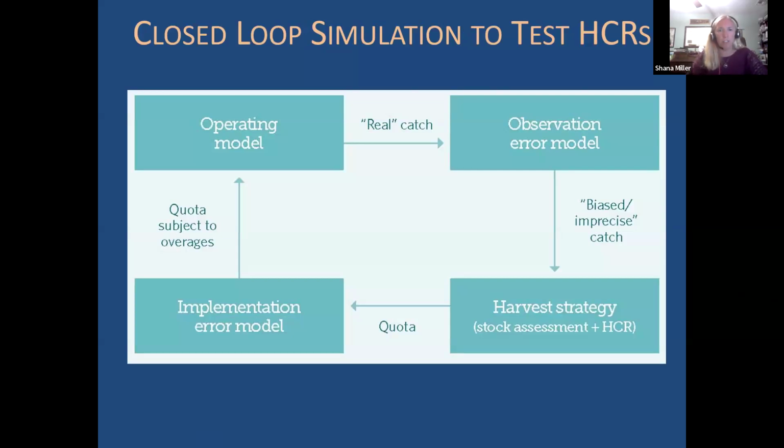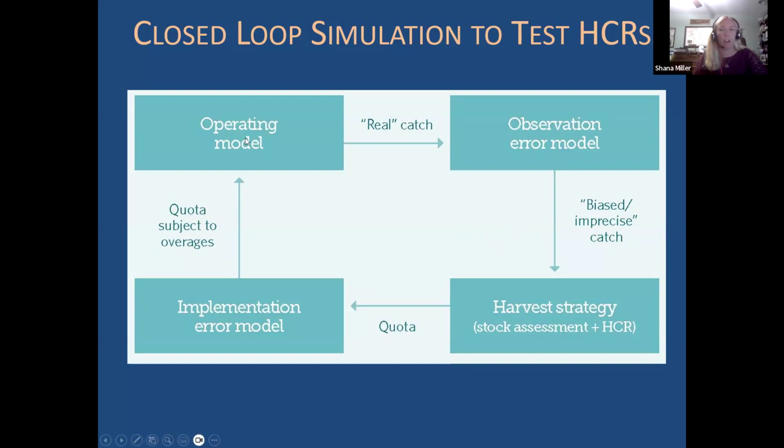I know Dr. Chang is going to be going into this later, so I won't talk too much about this, but just to say that MSE uses this closed loop, again, looking at the uncertainties in the fishery to evaluate harvest strategy performance.